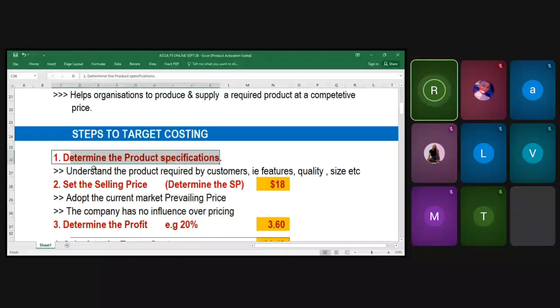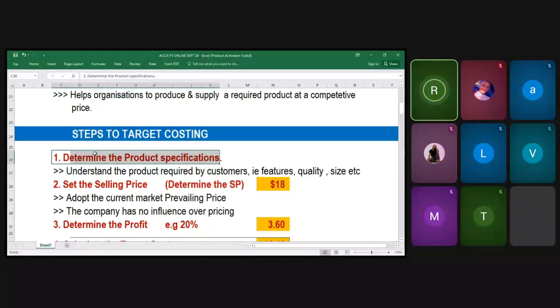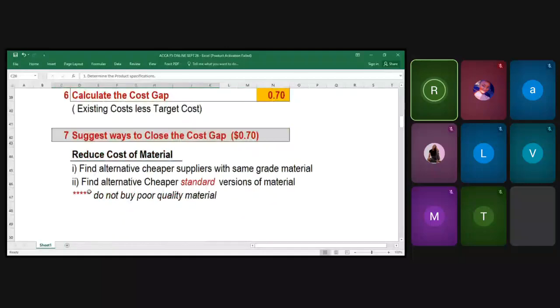If you compromise quality of your product, no customer is going to buy the product. That's number one. Number two, cheap things are very expensive. So if you buy poor quality material, it results in high wastage. High wastage, more cost. All right, that is very, very correct. Thank you so much, Linda, and that is very correct.